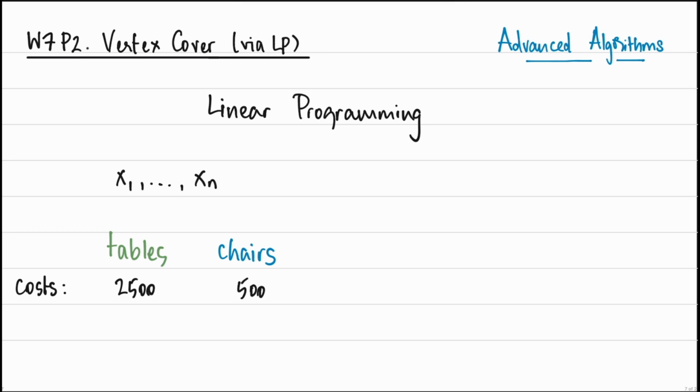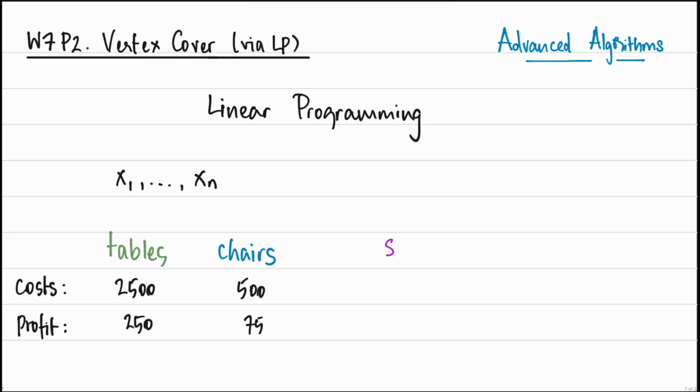The numbers may not be entirely realistic, but they give us something concrete to work with, so bear with me here. And let's also say that we have a profit estimate of 250 from the sale of a single table and 75 from the sale of a single chair.